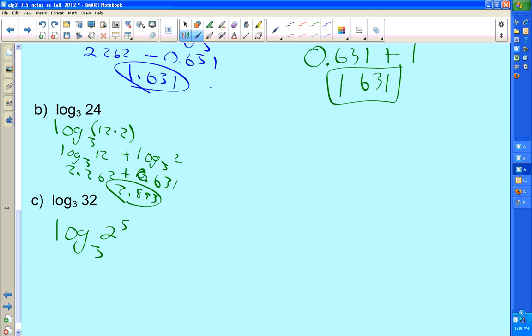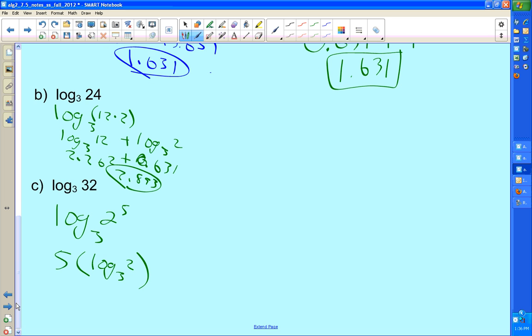I'm doing this problem using the same directions. Why would we want to do this? What can you do with log base 3 of 2 to the 5th? Drop the 5 in front: 5 log base 3 of 2.